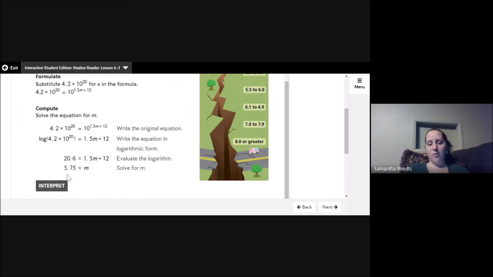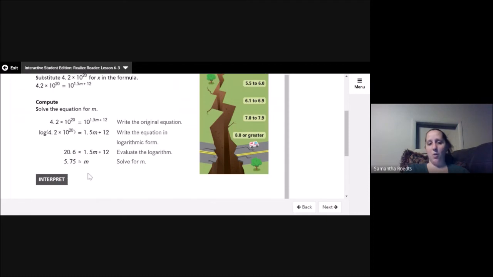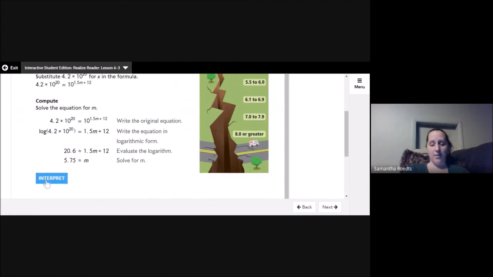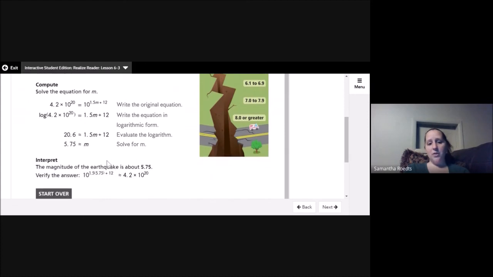I subtract 12 from both sides and then divide by 1.5 to get 5.75. So the magnitude of the earthquake is about 5.75, and I can always verify that by substituting that value back in for M to make sure that it gives me right around 4.2 times 10 to the 20th.